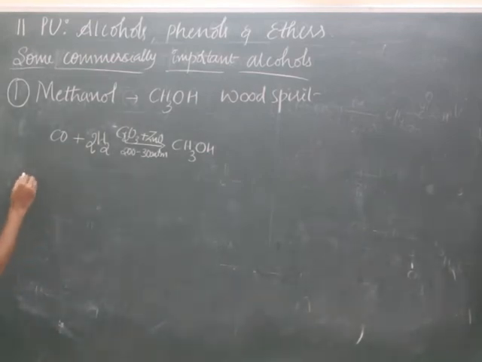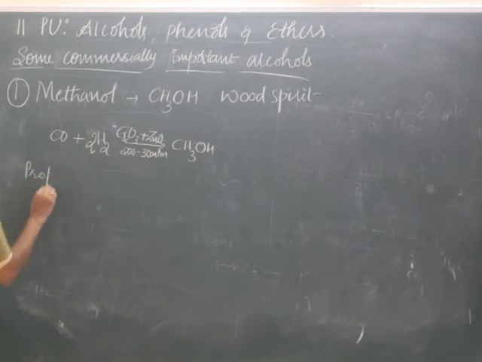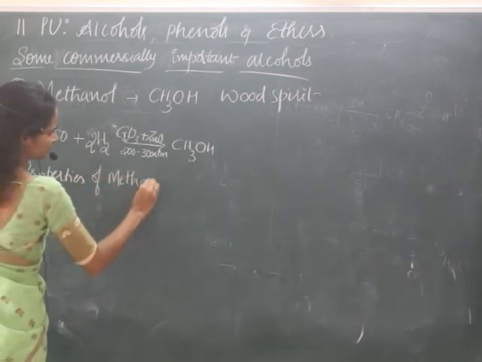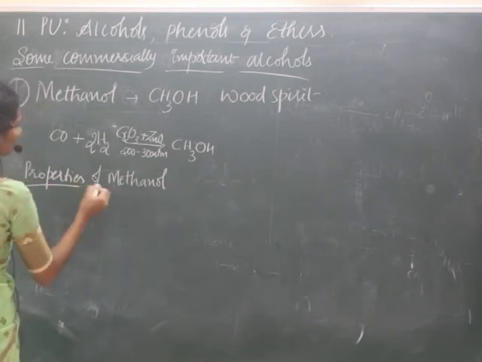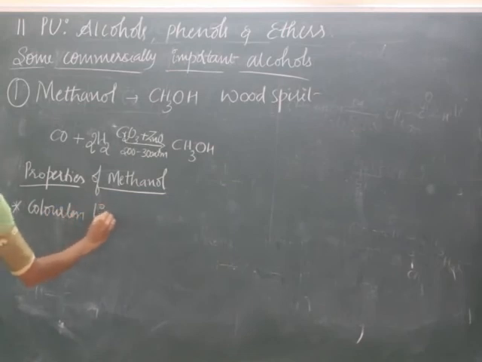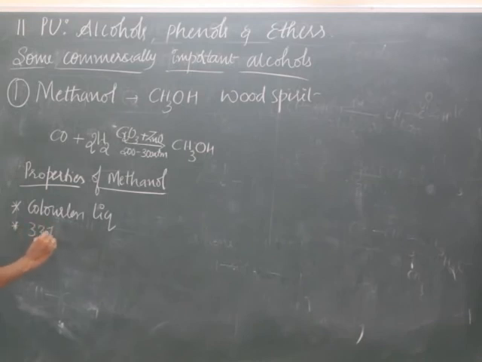So, properties of methanol. Methanol is a colorless liquid with a boiling point of 337 Kelvin.